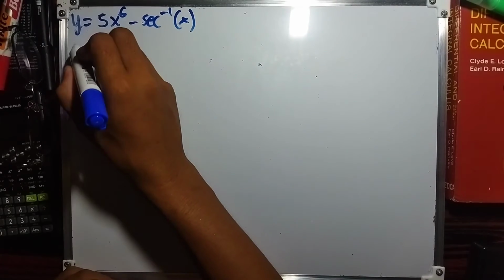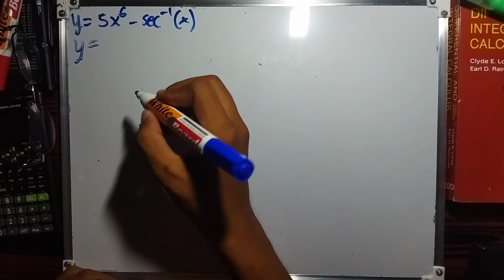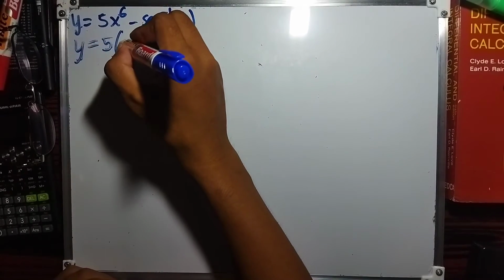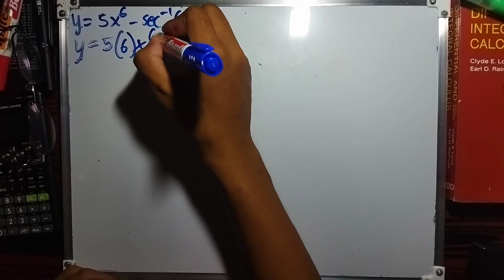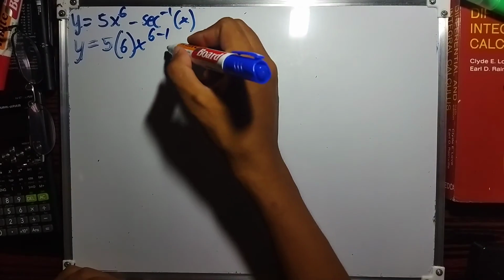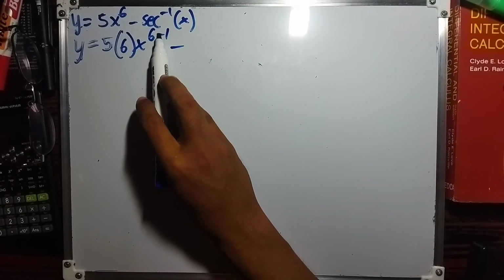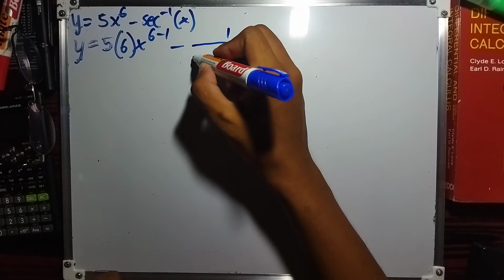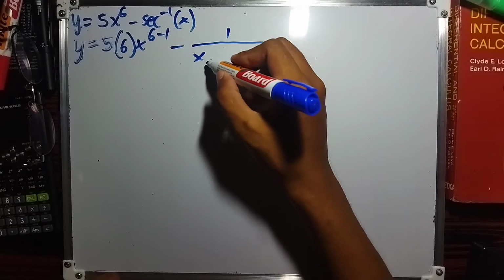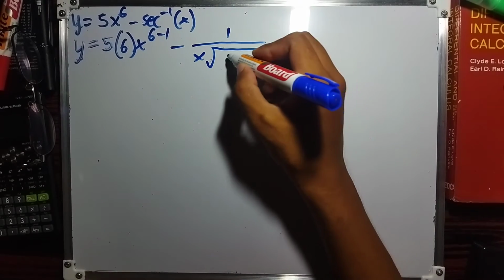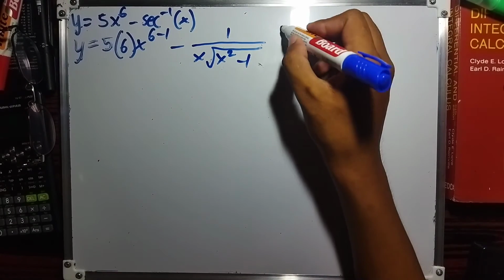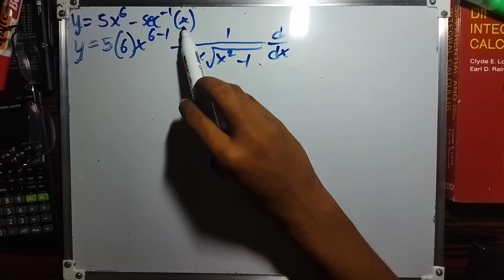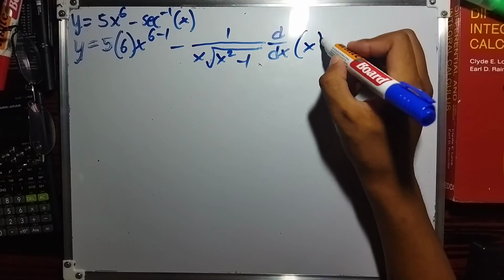According to what we have learned in the chain rule, we'll be bringing down the exponent 6, so 5 times 6x to the 6 minus 1, minus the derivative of arcsecant, which will be 1 over the variable x times the square root of x squared minus 1, times the derivative of what's inside, which is x.